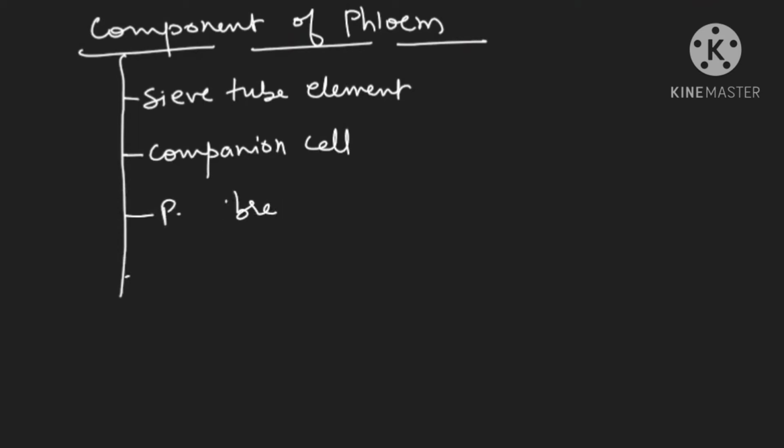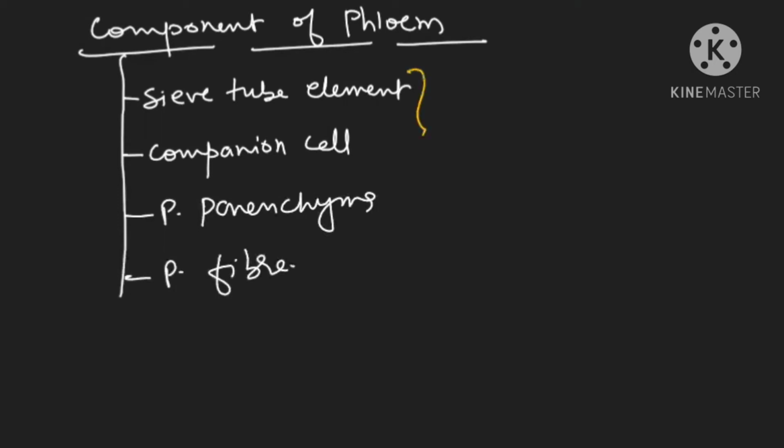So just let me write first phloem parenchyma, and then phloem fiber. These three are living components and only one, this one, is dead.